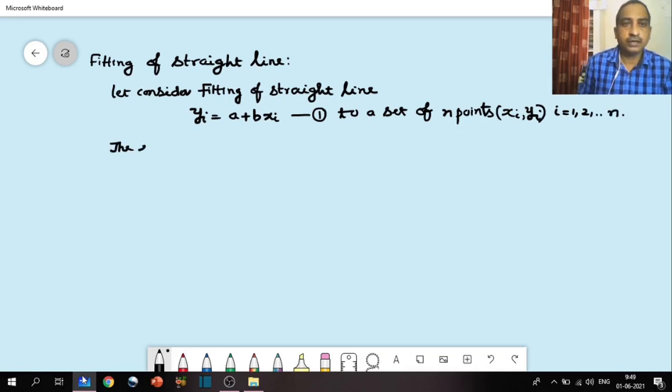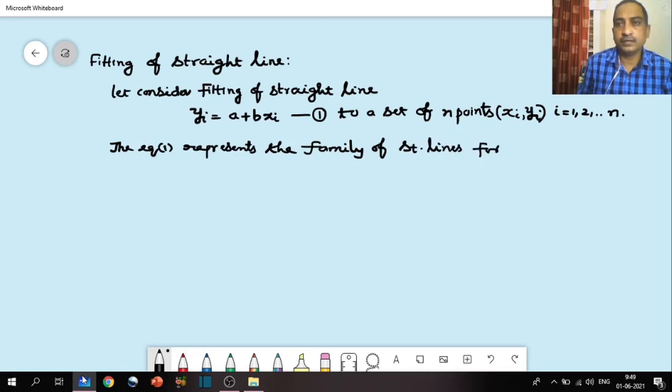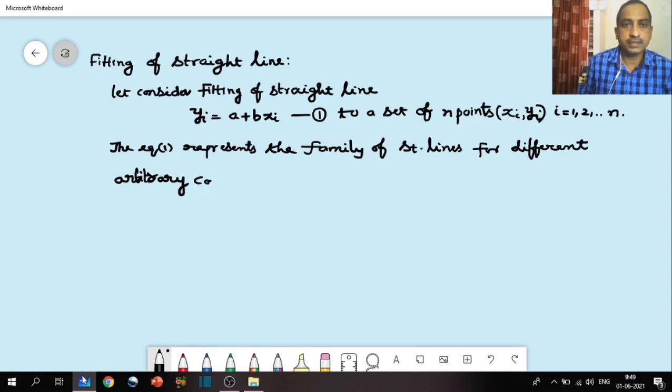So the equation 1 represents the family of straight lines, for different arbitrary constants a and b, small b, right?